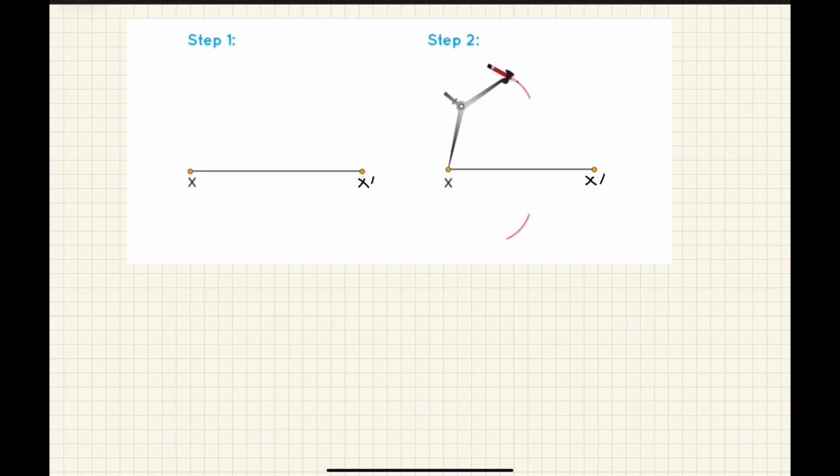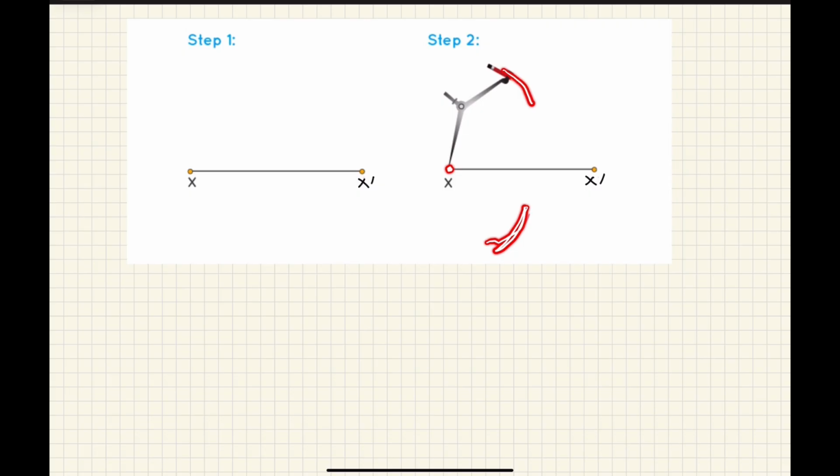You take the compass and open it to a length more than half of this line. Any length, but more than half. Then you place it on the first point and make arcs above and below the line. Now you cannot change the length of the compass. That is going to remain the same.